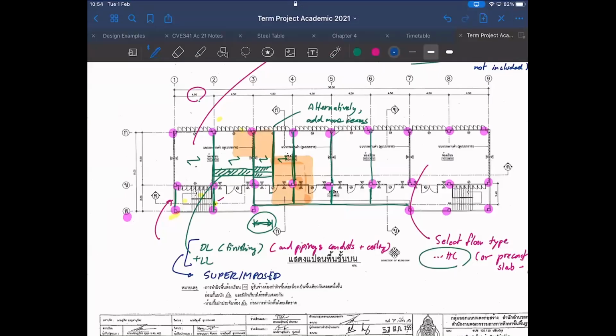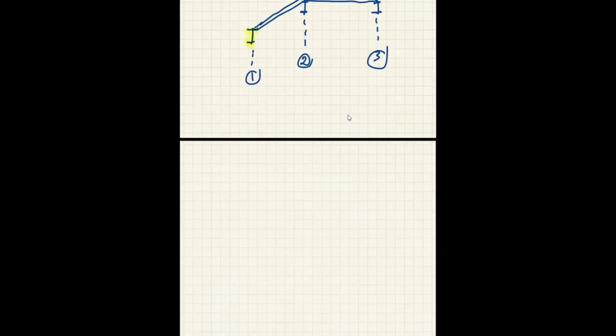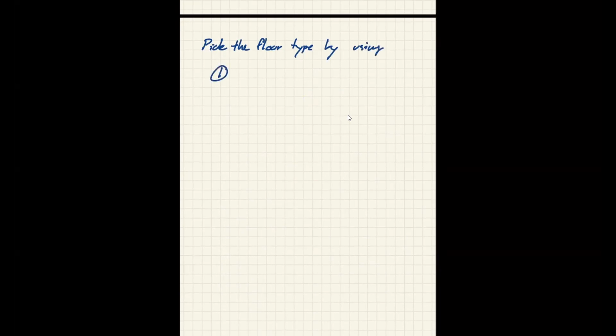Okay, I think I need to write a note. So, to pick the floor type, by using, one, its span length, which is, I'm not going to say, but it's 4.5 meters.